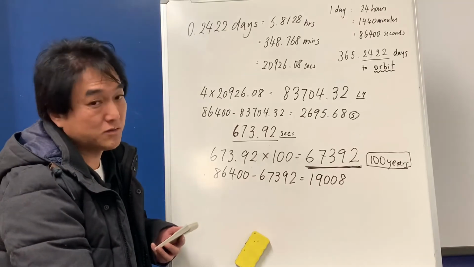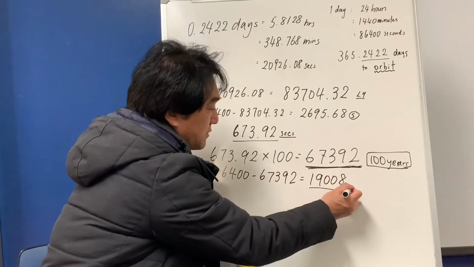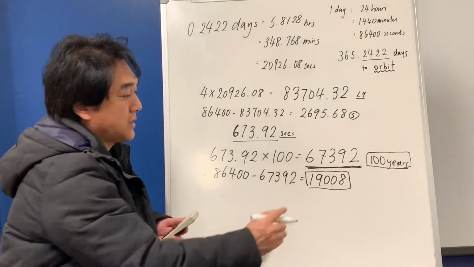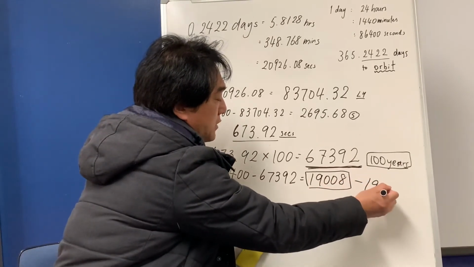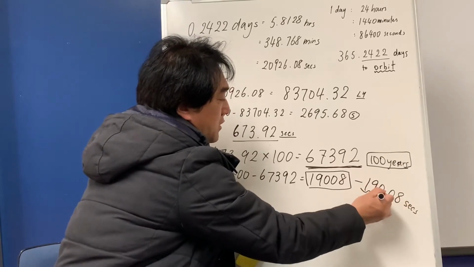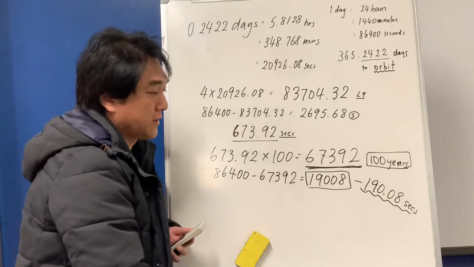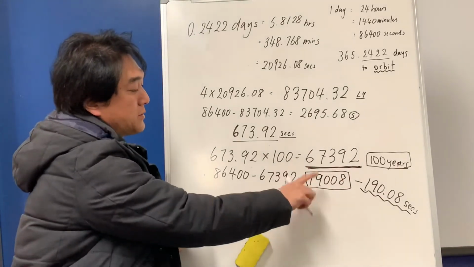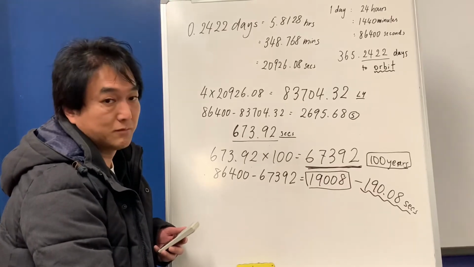It's every 100 years, it's not bad. So if you think about how many seconds on average, that's that divided by 100, so it's actually 190.08 seconds behind every year if we average it every 100 years, right? Now that's not quite right still.